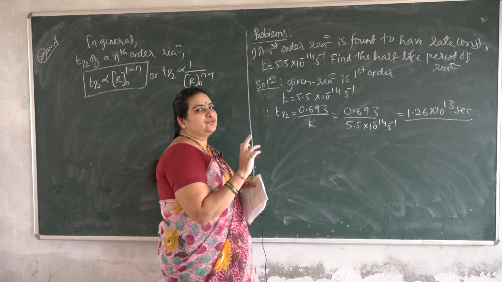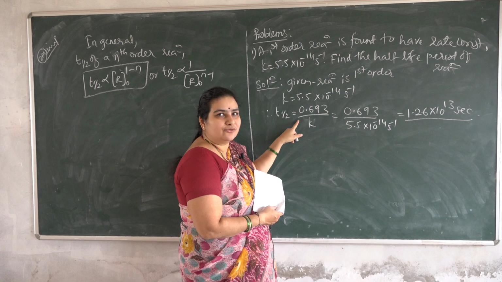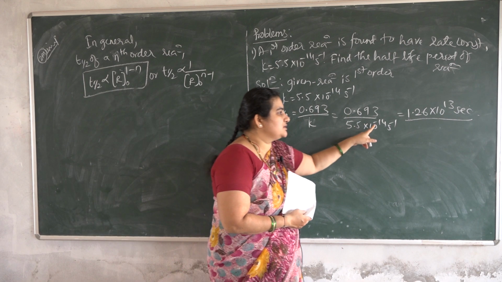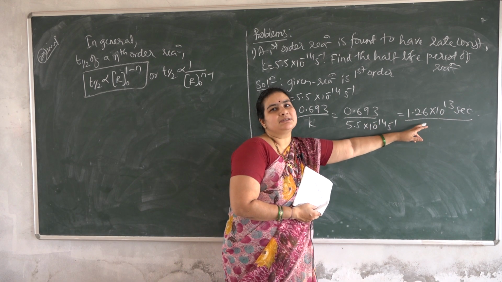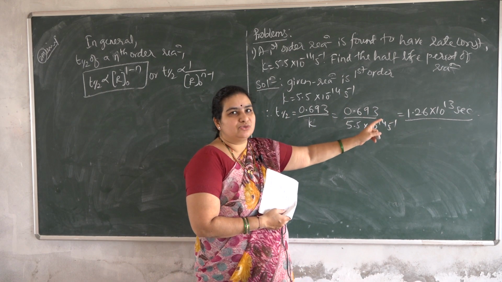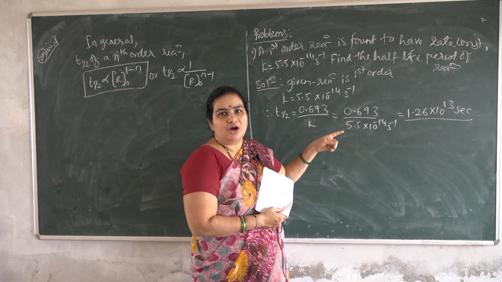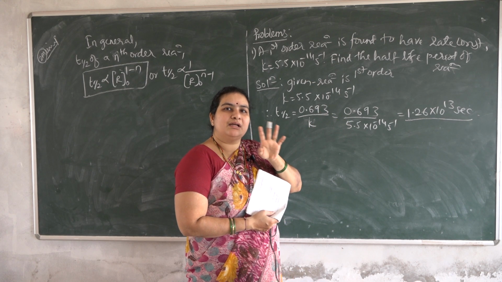If a 2 marks question is asked, then formula 1 mark, substitution and answer plus unit 1 mark. If you don't write the answer or unit, you will lose the full 1 mark, not half.